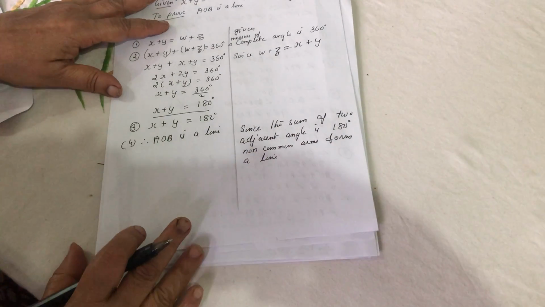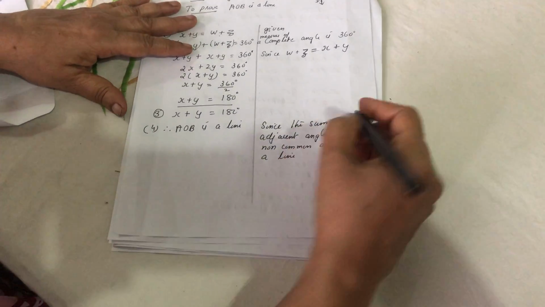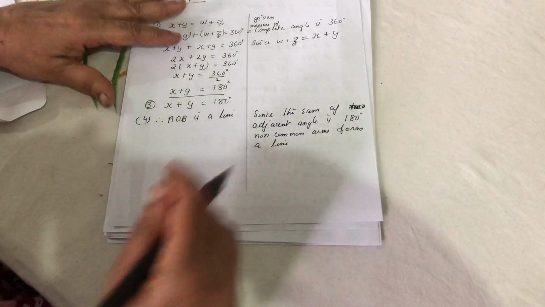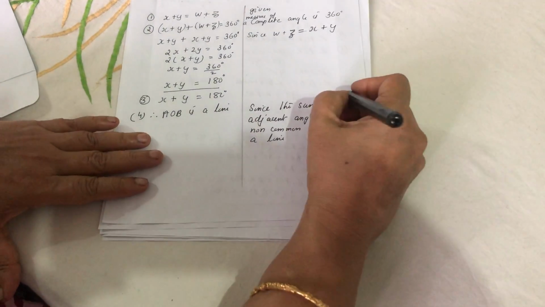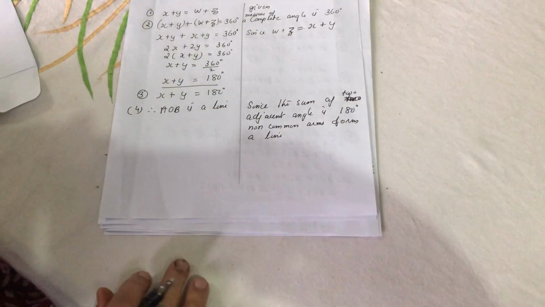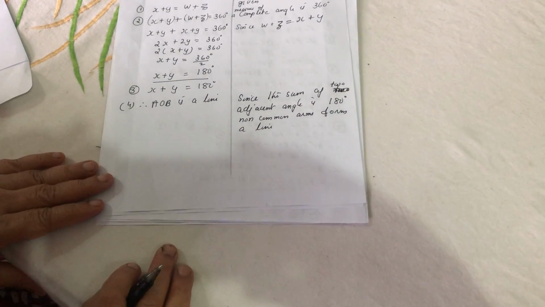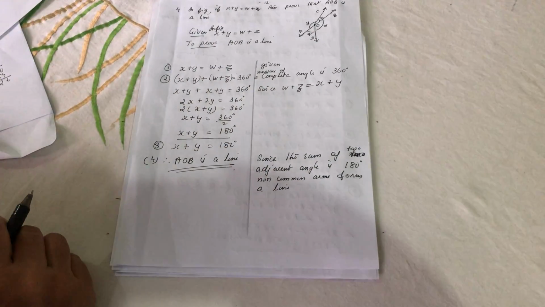Sum of adjacent angles is 180. Then sum of two adjacent angles is 180. Therefore, you can say the non-common arms form a line. So AOB is a line.